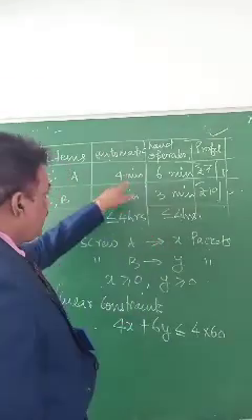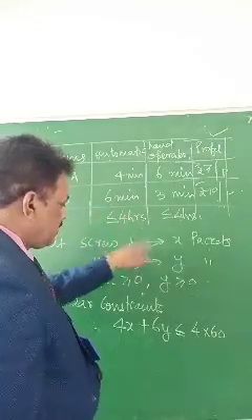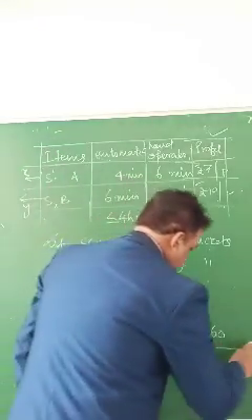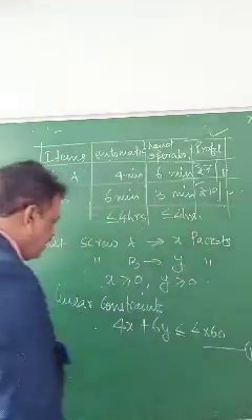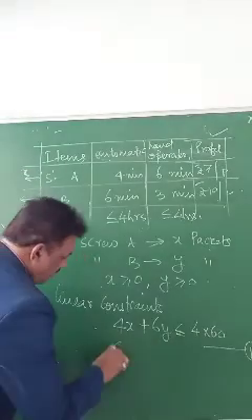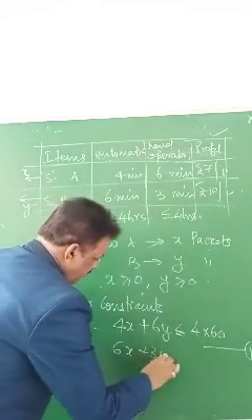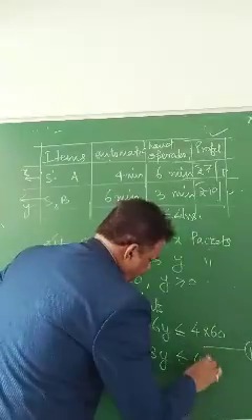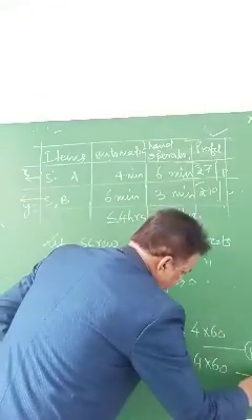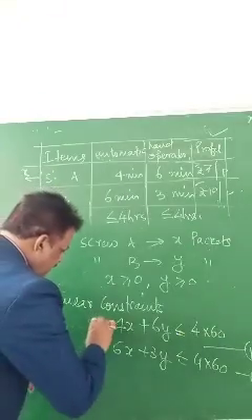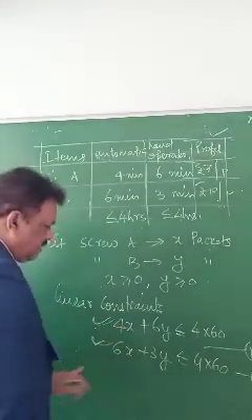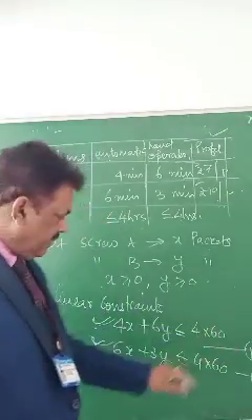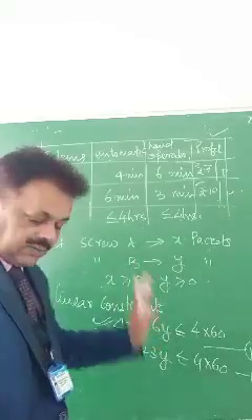Why? Because this is in minutes, and this is in hours. So that is your first equation. Second equation, 6x plus 3y again less than or equal to 4 into 60. You have to use these linear constraints and frame the graph.